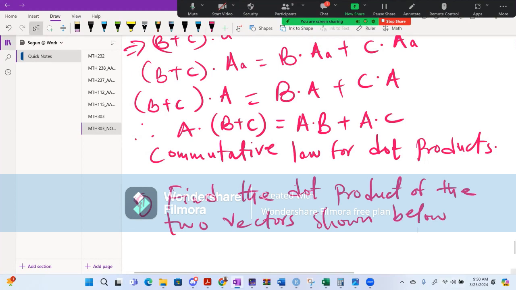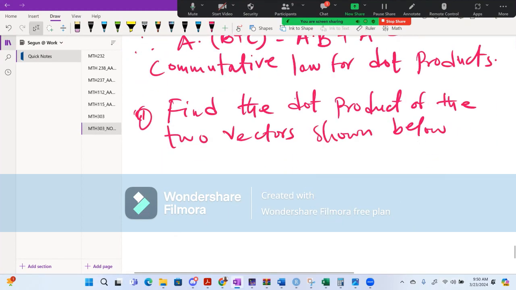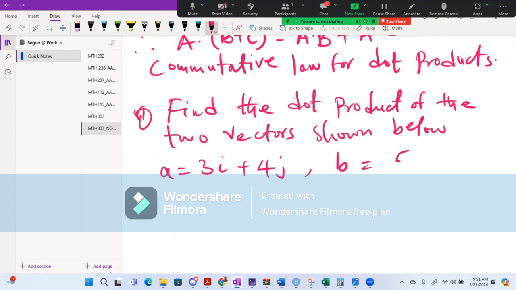A equals 3I plus 4J, and B equals 5I minus 2J.